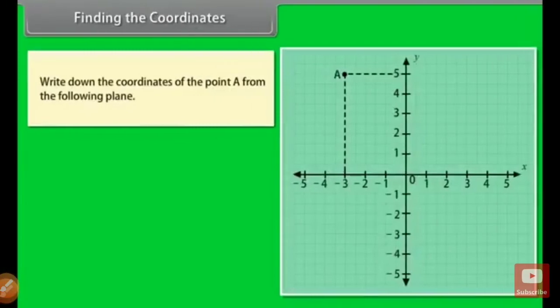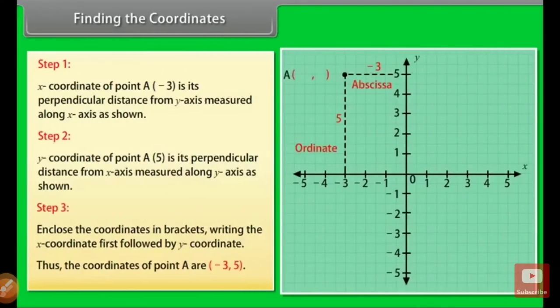So the next one is here, finding the coordinates. Write down the coordinates of point A from the following plane. So step 1, the x coordinate of point A is -3. It is its perpendicular distance from the y-axis measured along the x-axis as shown.